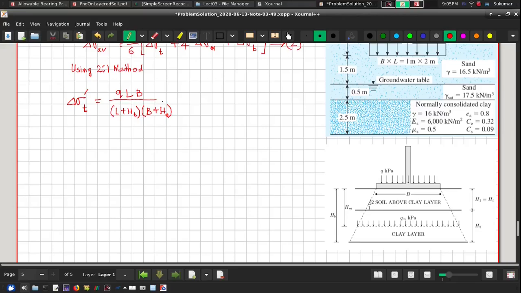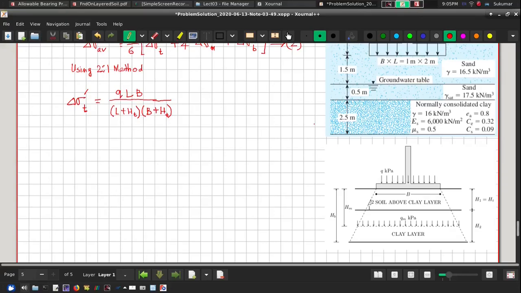Okay, this gives me the approximate increase in stress at any depth. This is based on our 2:1 dispersion of the stress.